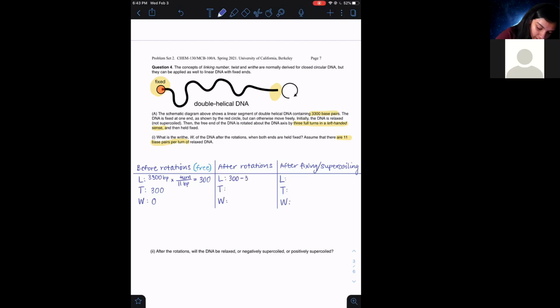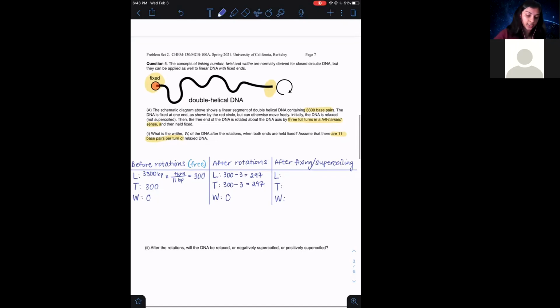So linking number will be 297. This is after the rotations have occurred, but before the DNA is fixed or supercoiled. This is just an intermediate part of the process. And since linking number and twist are both equal, writhe is equal to 0.